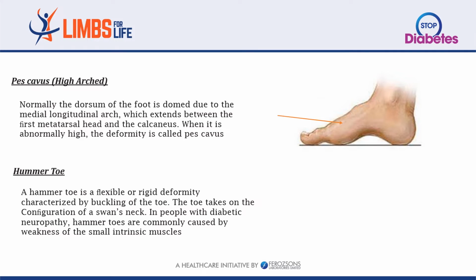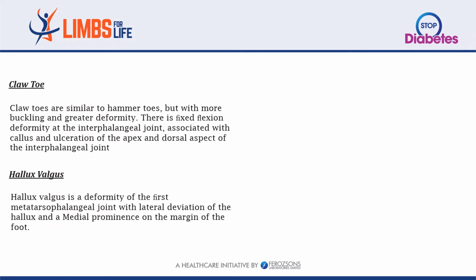Hammer toes are commonly caused by weakness of small intrinsic muscles of the feet. Claw toes are similar to hammer toes but with more buckling and greater deformity. There is fixed flexion deformity at the interphalangeal joint associated with callus and ulceration of the apex and dorsal aspect of the interphalangeal joint.